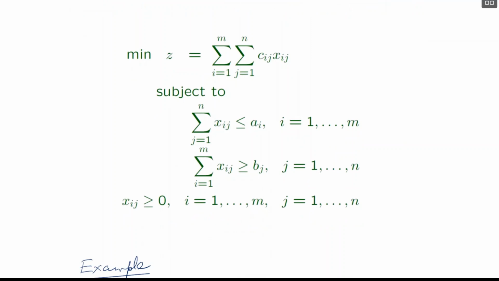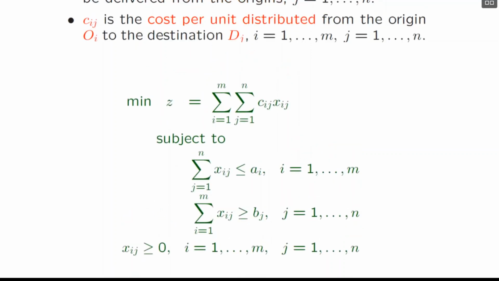So we have the linear programming formulation of the transportation problem as: minimize z equals summation i equals 1 to m, summation j equals 1 to n, Cij Xij, subject to sum j equals 1 to n Xij less than or equal to ai, i equal to 1 to m.